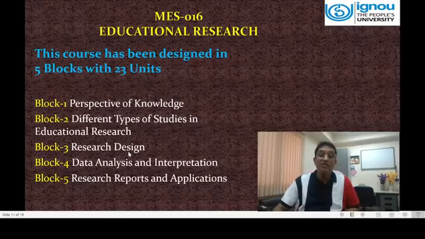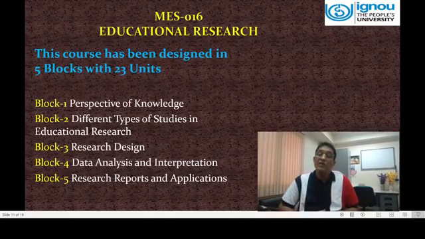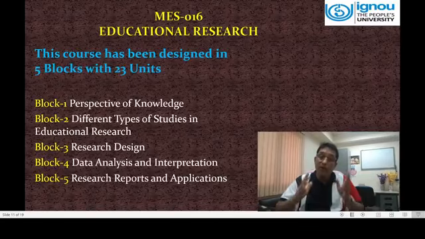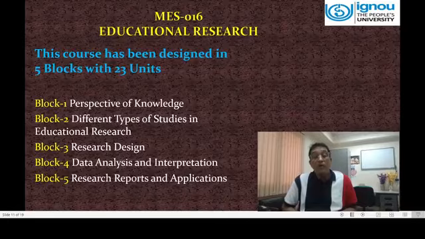And block 3 is research design. Okay, so for conducting a research, what design are you supposed to select? Whether it is a survey type of research, whether it is an experimental research, whether it is a type of philosophical research or a type of historical research.